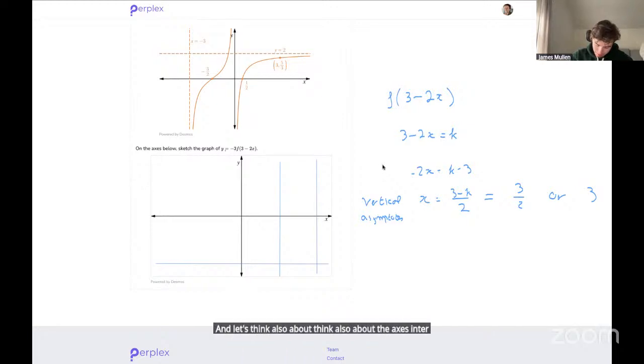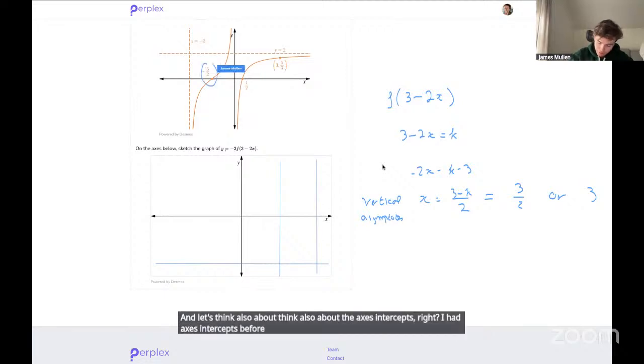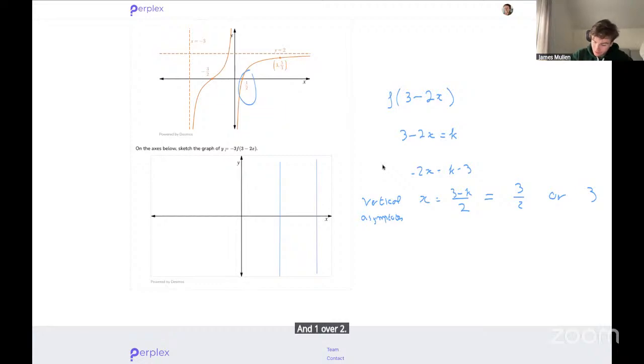And let's think also about the axes intercepts, right? I had axes intercepts before at -3 over 2 and 1 over 2, right? So those are values of k in this equation.